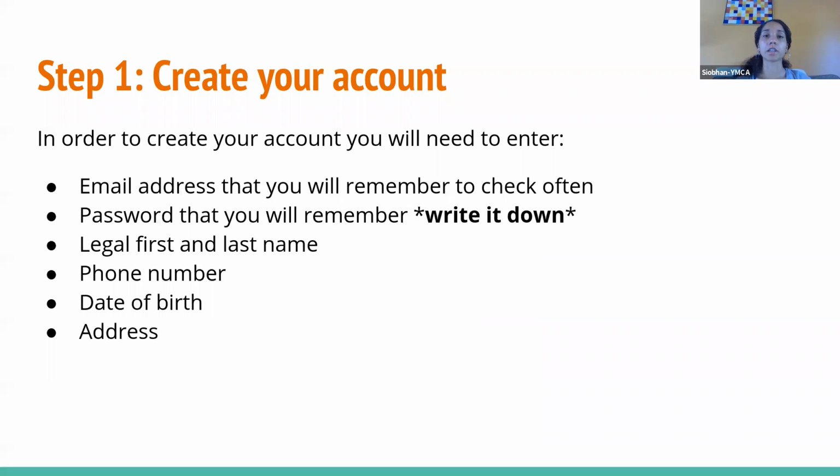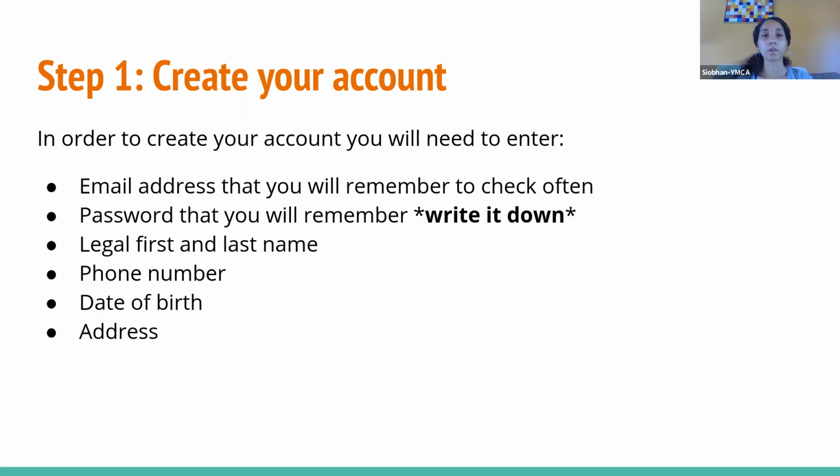And the information that you'll need to make your profile, you're going to need an email address that you check often. So it could be the email that your school gives you, if you check that every day and that's one that you have access to, you remember the password and all that, use that one. If you have a personal one that you know the password to and you check it frequently and not like once a year, then use that one.